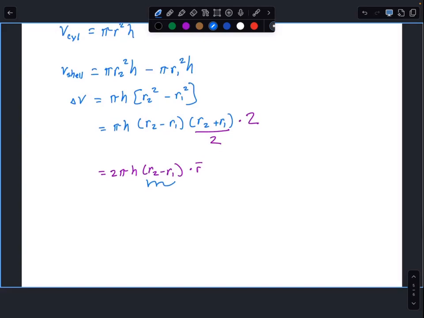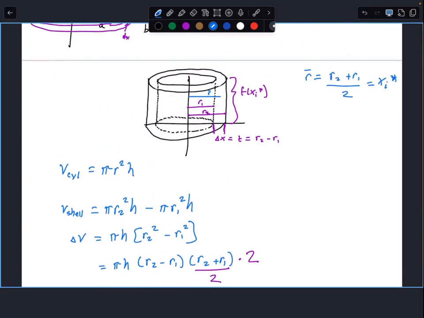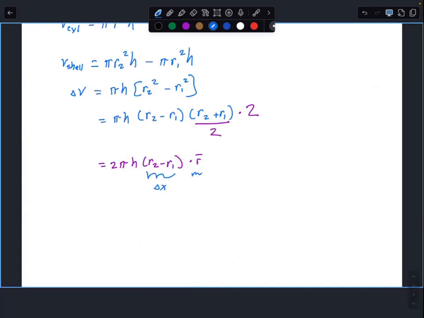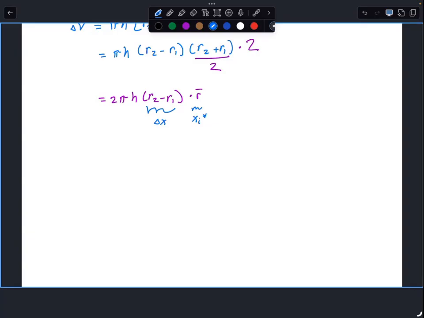T, yeah, the thickness, which is delta x. And R bar, we said, is x sub i star. And we also noted that the height is equal to f of x sub i star, right? So we get that delta v is equal to 2 pi x sub i star times f of x sub i star times delta x.